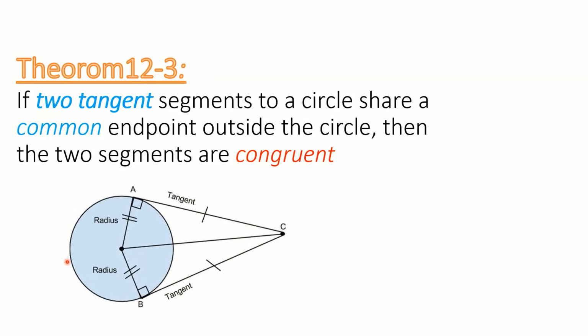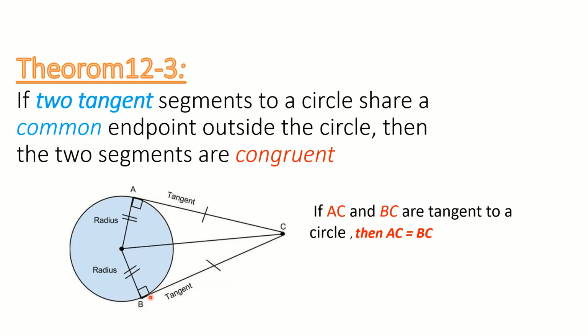This is a circle and it has a radius here, and AC and BC have a common point at point C. AC is tangent to this circle at point A, and BC is tangent to this circle at point B. So they are sharing point C in common outside of the circle. That means AC is congruent to BC.